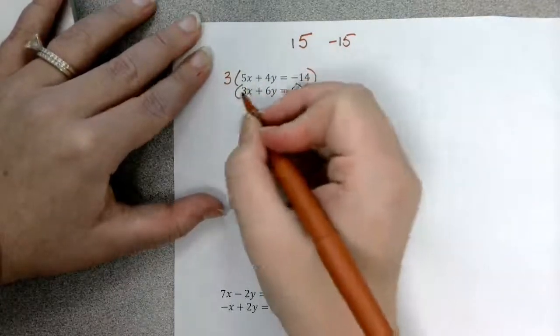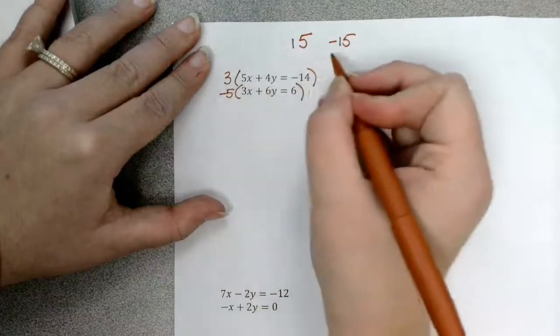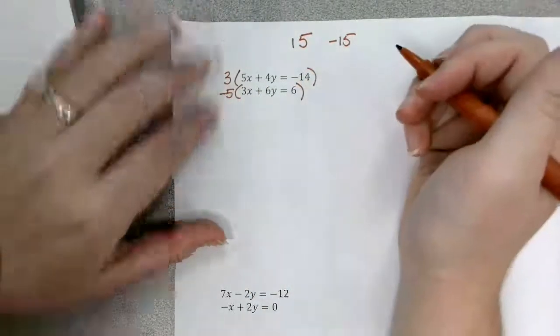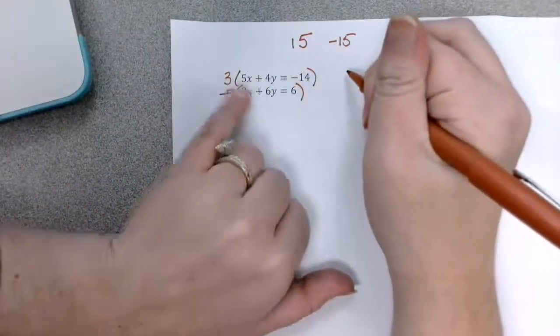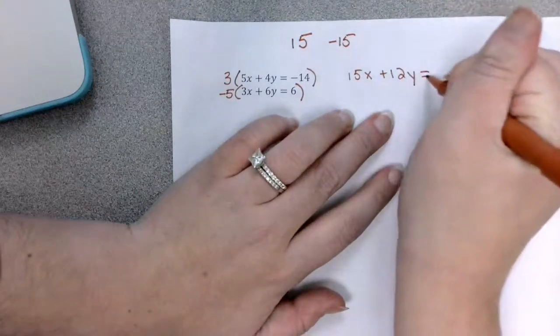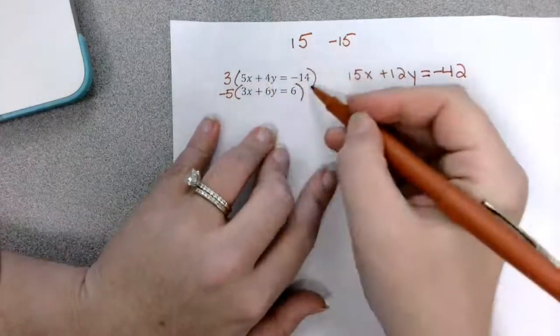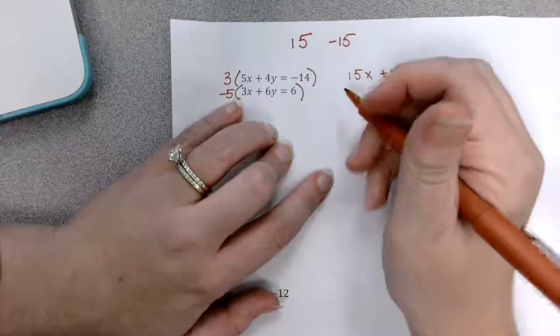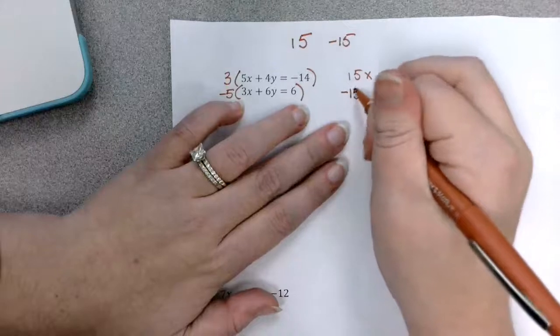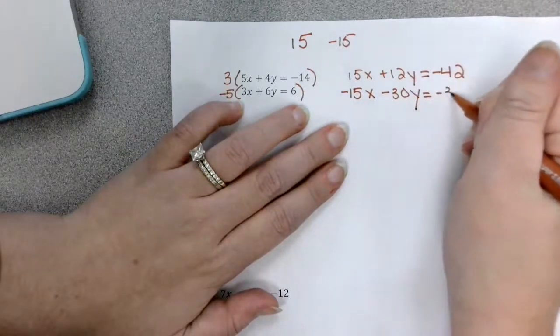I'm going to have to multiply my entire second line by negative 5, because negative 5 times 3 is a negative 15. So 3 times 5 is 15x plus 12y equals negative 42, because I multiplied everything in the parentheses. And my second set will say negative 15x minus 30y equals negative 30.